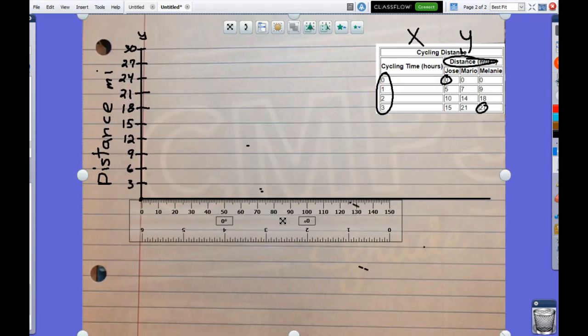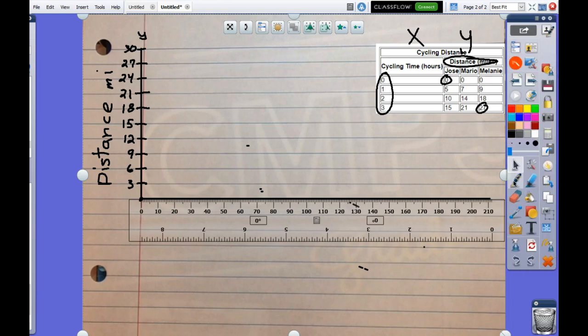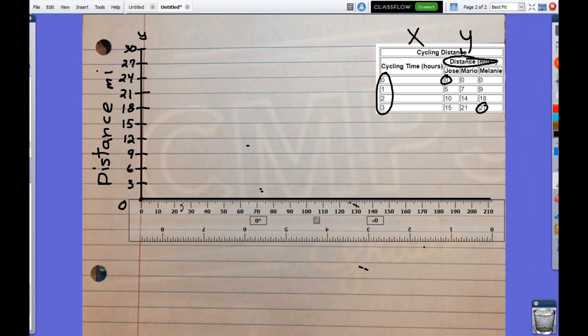So if I mark off every 1 centimeter, or every 10 millimeters, that's just going to be way too close. So what I'm going to do is use every 4th centimeter to mark off. Why not? So we have to remember that this is 0. So we're going to go 1, 2, 3, 4, and we're going to mark off here. 1, 2, 3, 4.